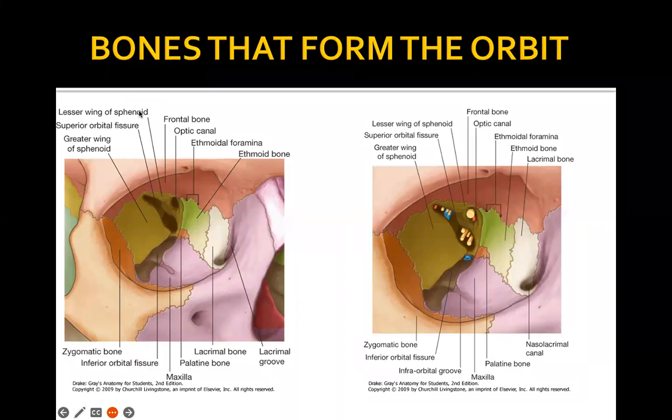So I'm sure if you are supposed to write this in an exam, you'll be able to write a lot. When you come to the superior orbital fissure, then you even include the function of the veins as well.